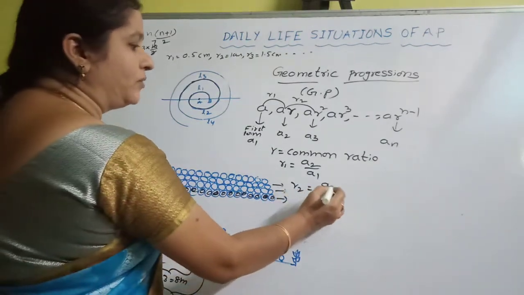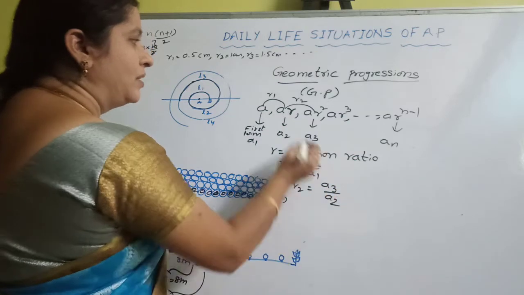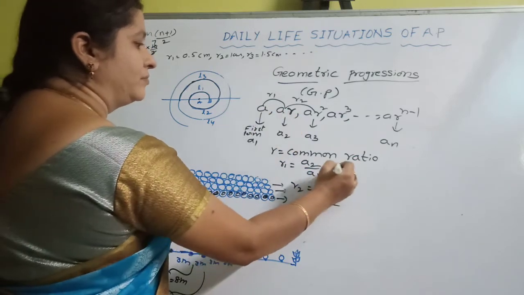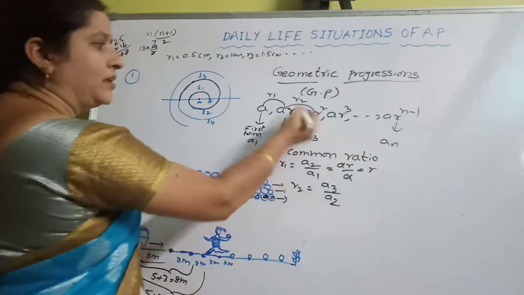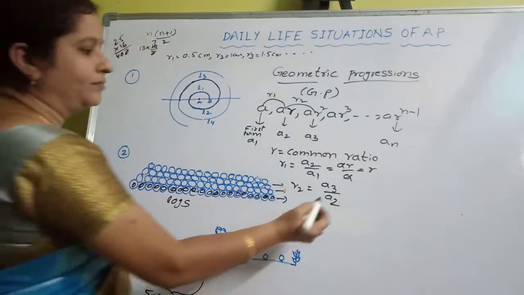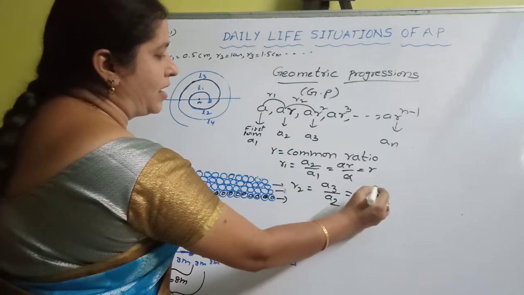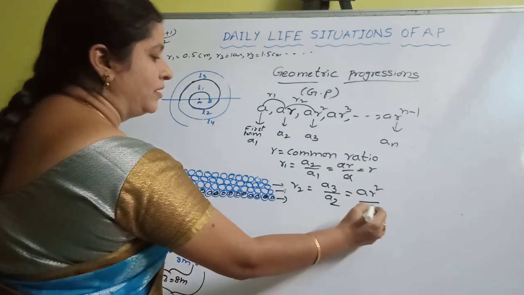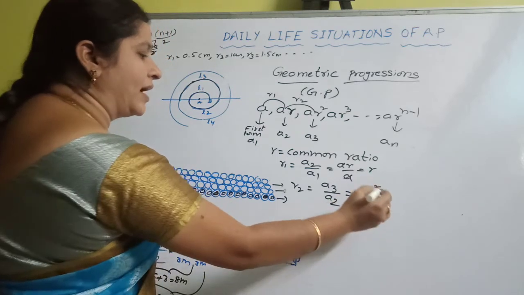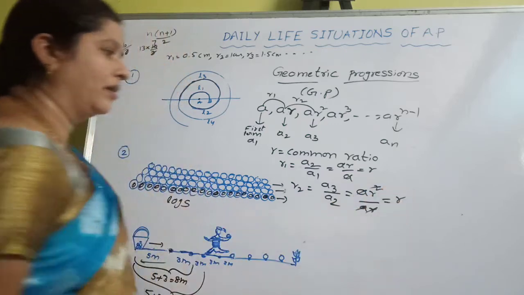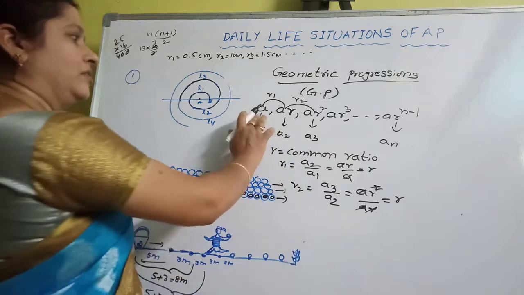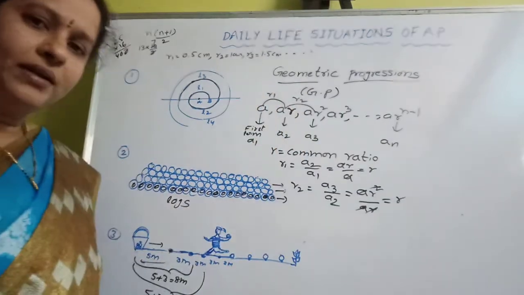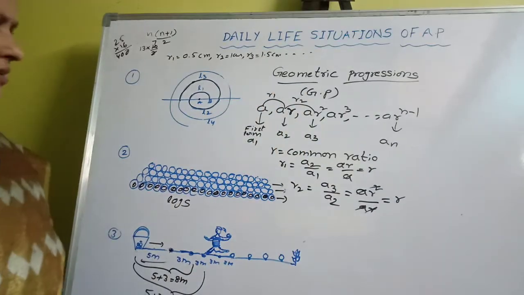So ar by a, that is nothing but r. Next term ar square by ar: a gets cancelled, r cancelled, only r remaining. So in this way all the ratios are equal. So this is geometric progression.